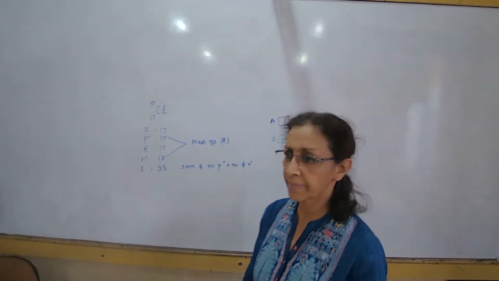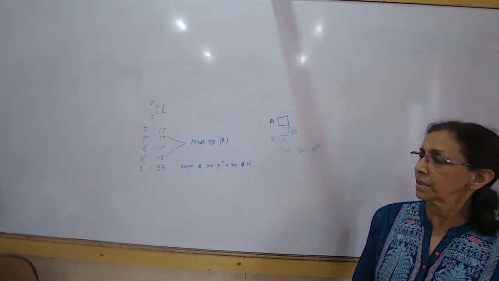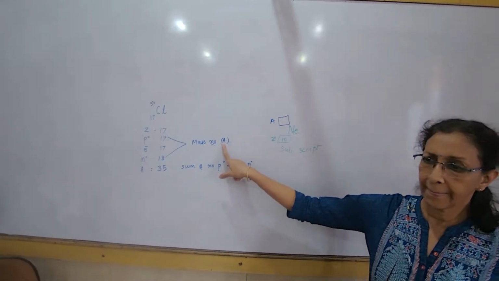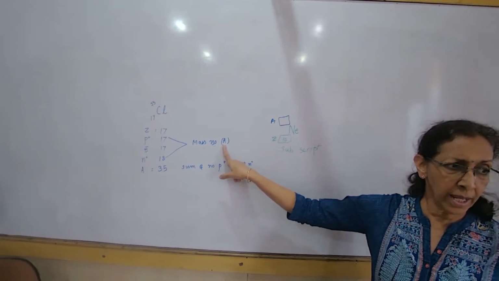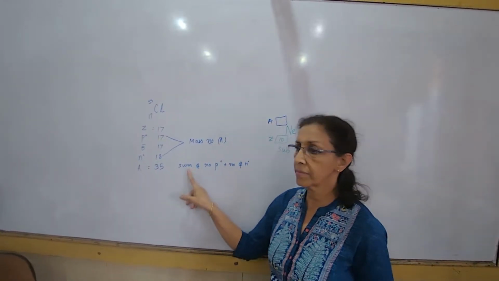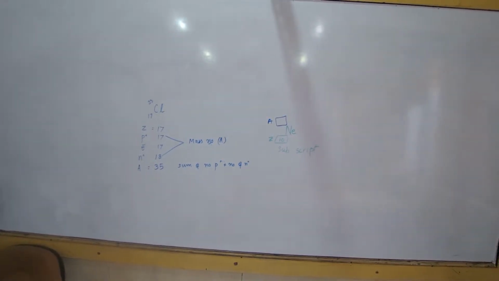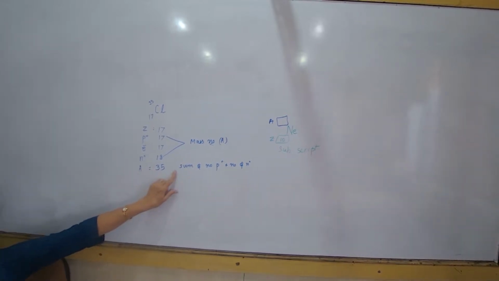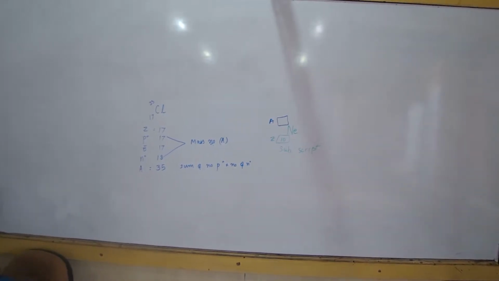Atomic mass number, the alphabet is A, refers to the sum of the number of protons and the number of neutrons.